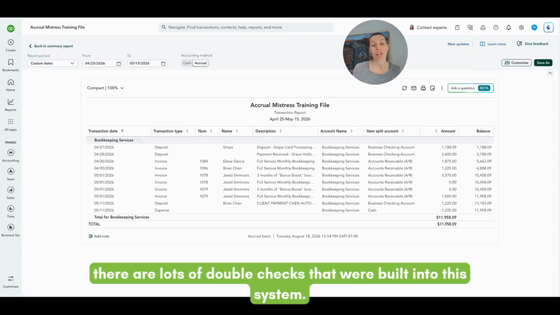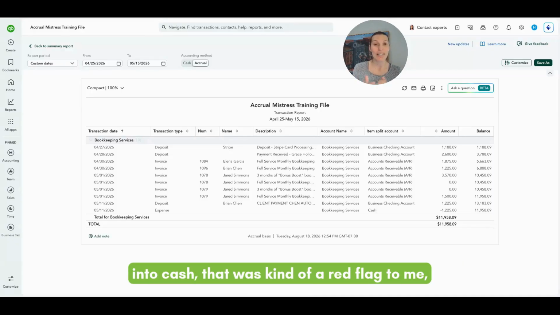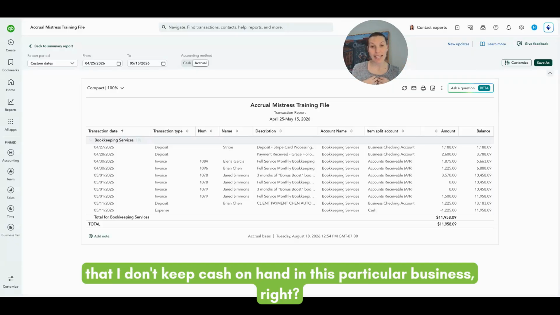Ultimately, there are lots of double checks that were built into this system. For example, when I put the money that I was receiving against that invoice into cash, that was kind of a red flag to me, because I know that I don't keep cash on hand in this particular business, right?